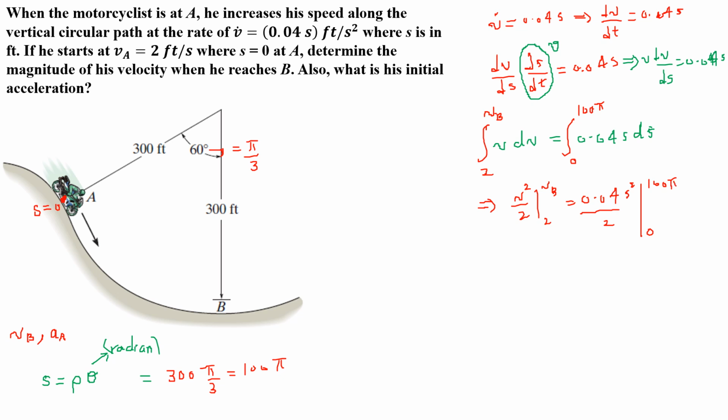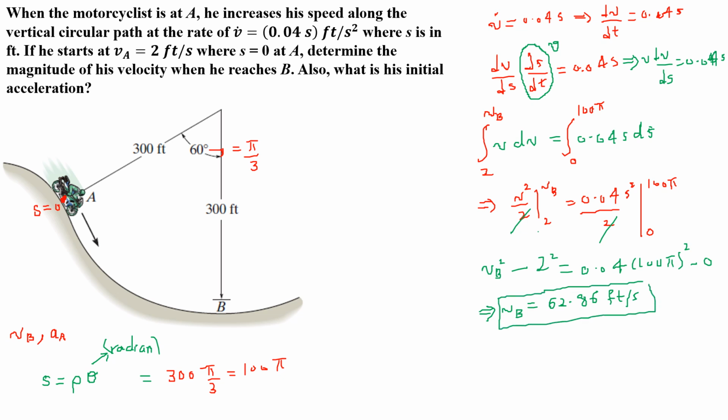I can cancel the 2, so I have vB squared minus 2 squared equal to 0.04 times (100 pi) squared minus 0, because the lower limit for s is 0. Solving for that, I found vB to be 62.86 feet per second.